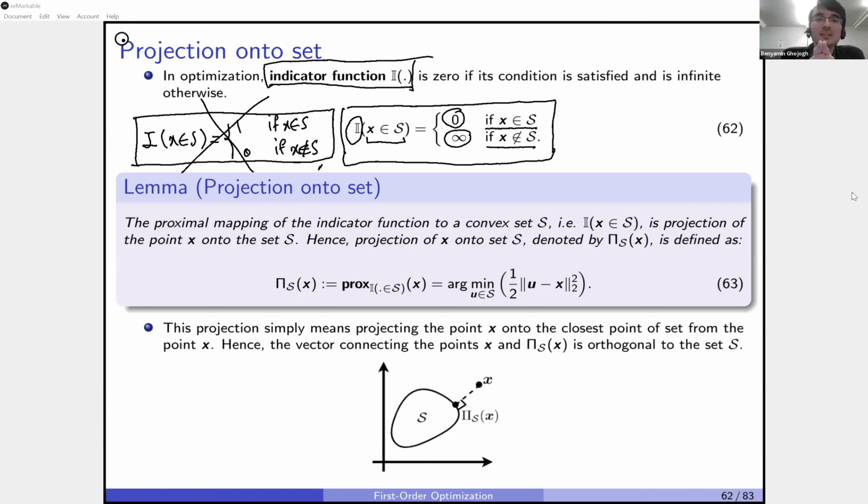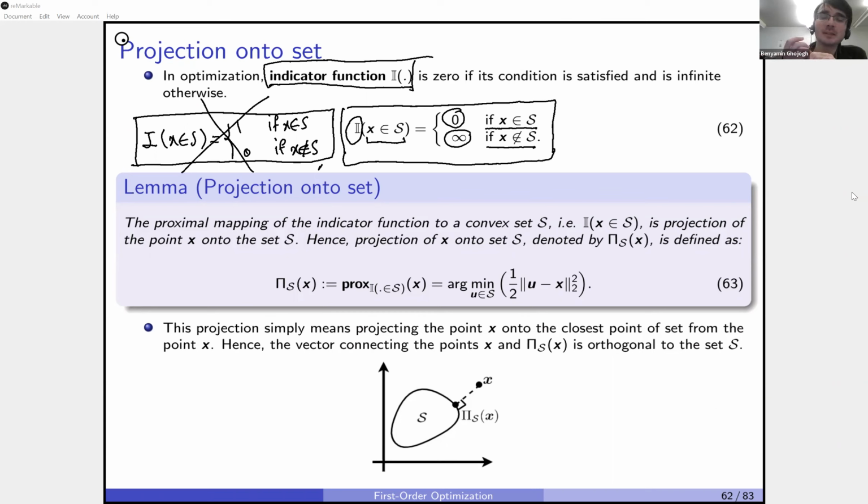Exactly, but why did you change infinity to 1? Your explanation was correct, except one thing. You said when it's not in the set, let it be 1. No, let it be infinite. Why do we want it to blow up? When it's not in the set, we want the penalty to be infinite.